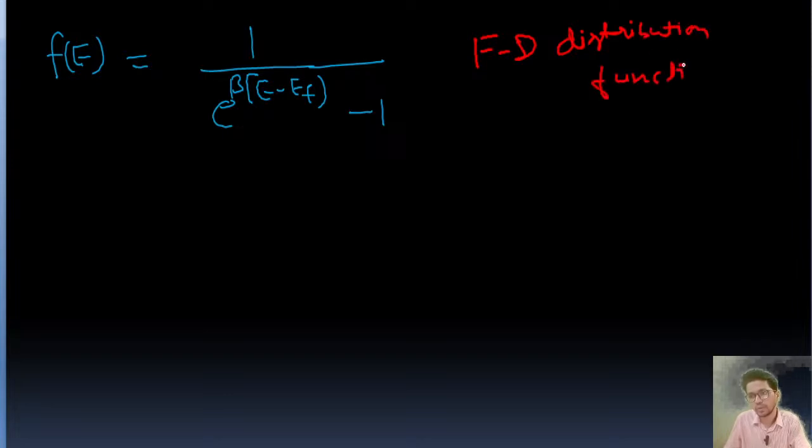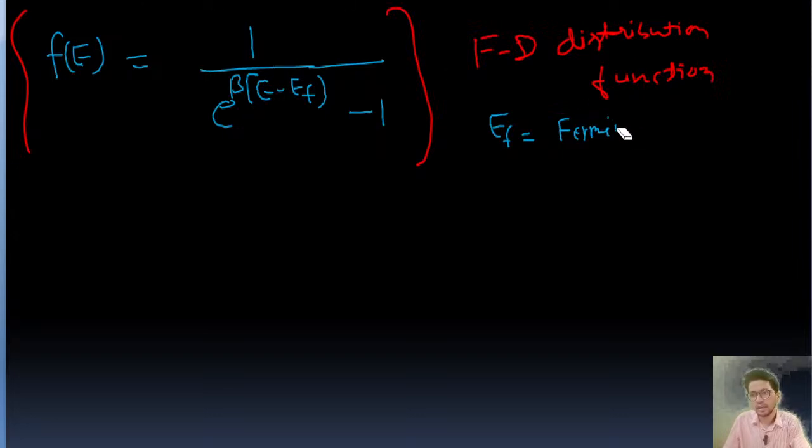You need to note it down and learn it. So F(E) equals 1 upon e to the power beta into E minus Ef, minus 1. Okay, so Ef is Fermi energy.